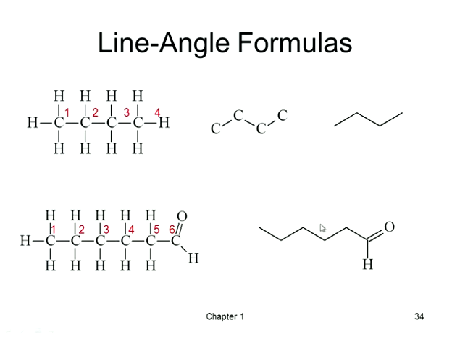Then here's the line formula, which I call skeletal, is what I've always called it. So let's look at this one. How many carbons do we have here? 6, okay? So let's count what we have. 1, 2, 3, 4, 5, 6.